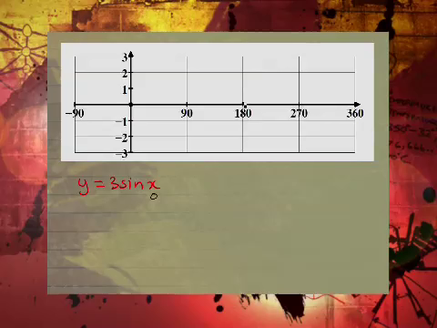The 180 stays, and so does the 360. But if we put in 90 degrees, the sine of 90 is 1, times 3 is 3, so it shoots up to 3. Then it goes down. If you take 3 sine 270 in your calculator, you get -3. So that comes down to -3, then it goes up there.